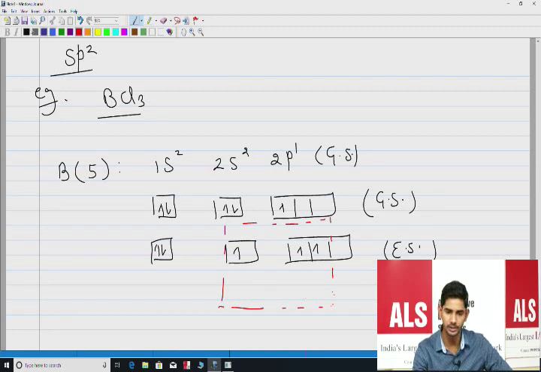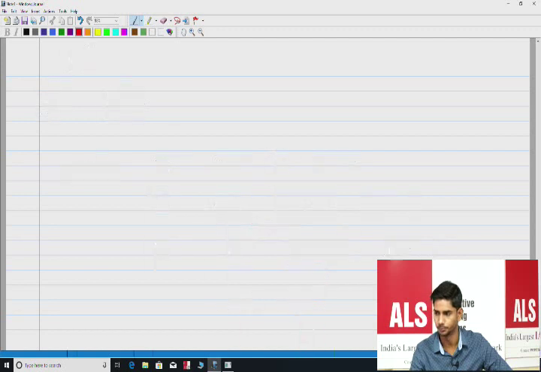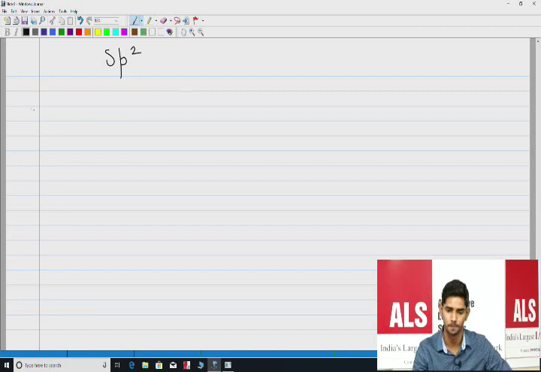Here you can see that this is S, this is P, and this is also P. That's why this is known as sp2, because one orbital of S and two orbitals of P are participating in the given example.